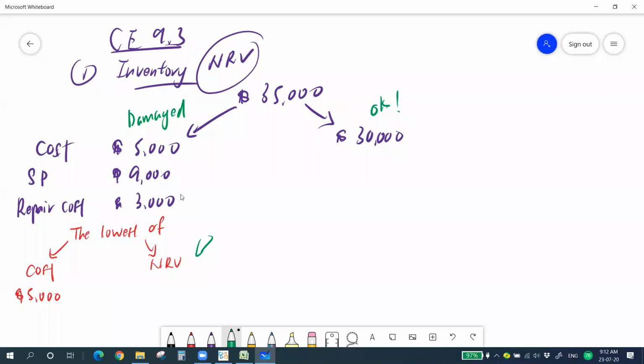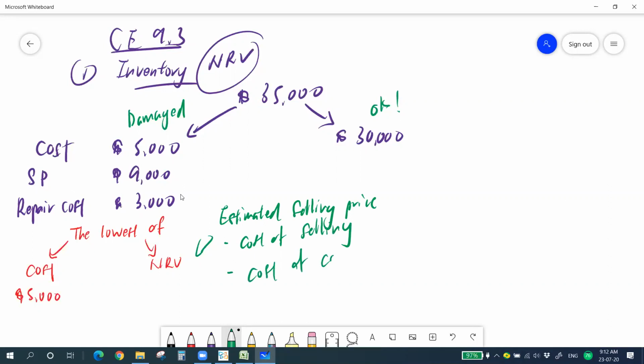NRV is based on your estimated selling price, minus what? Cost of selling, and then minus what? Cost of completion. So 6,000 as well.